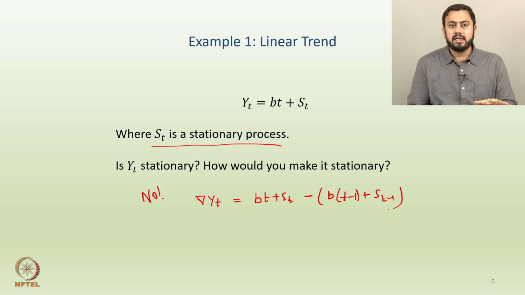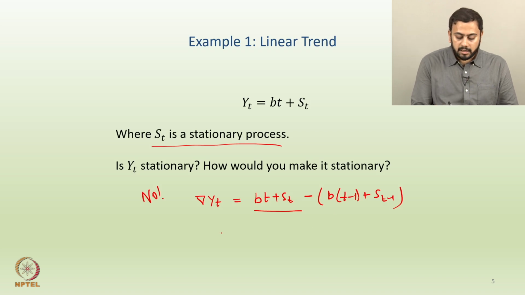Again, blindly apply the formula of nabla. Nabla applied on yt is yt minus yt minus 1. So, you take yt as it is and then subtract one prior time point of yt. And here one can clearly see that I can cancel out a few things. I can cancel out bt minus bt from here.